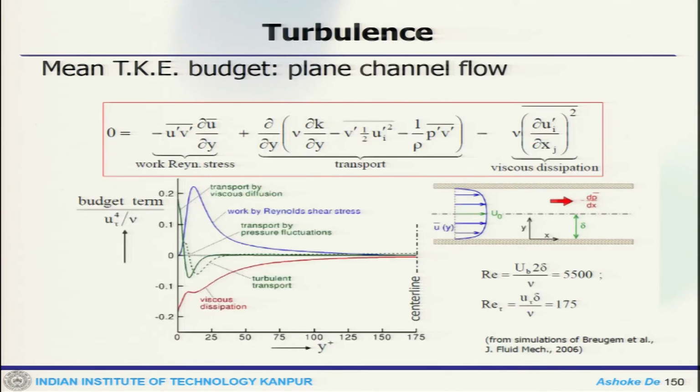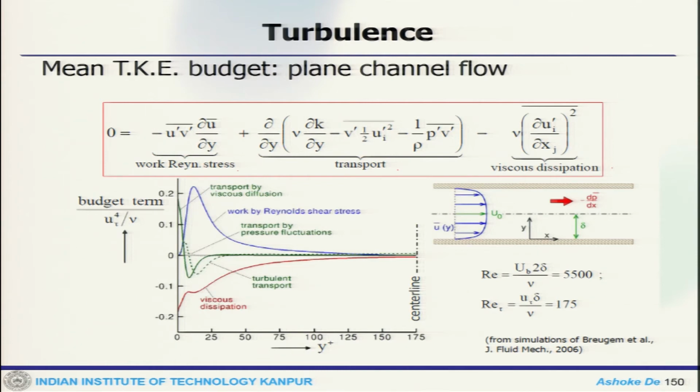Now, for a plane channel flow, if you look at the mean turbulent kinetic energy, this is the Reynolds stress component, this is the transport component, and this is the distribution component, and you can look at the effect of different budget terms for plane channel flow.